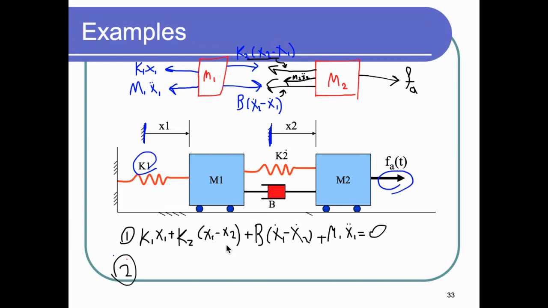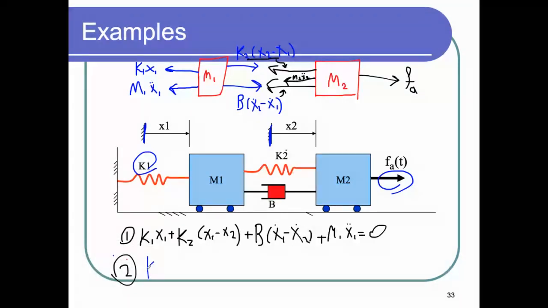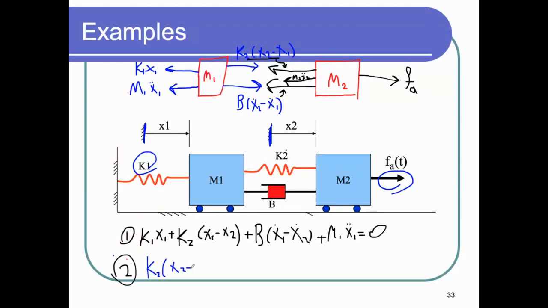Ah, I see. Yeah. For the second mass, we will have k2 multiplied by x2 minus x1. Let me use another color. K2 (x2 minus x1).